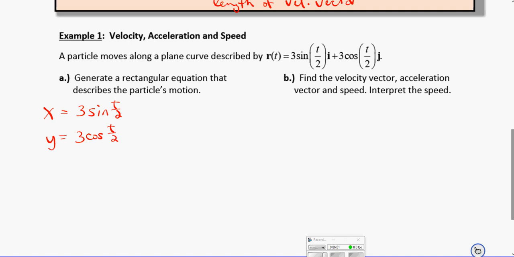And we're going to eliminate the parameter. We've eliminated the parameter by solving for t and substituting in. We could do that, but it's going to get really messy. So instead, we use a little trig identity. I'm going to divide both sides of the equal sign by 3.